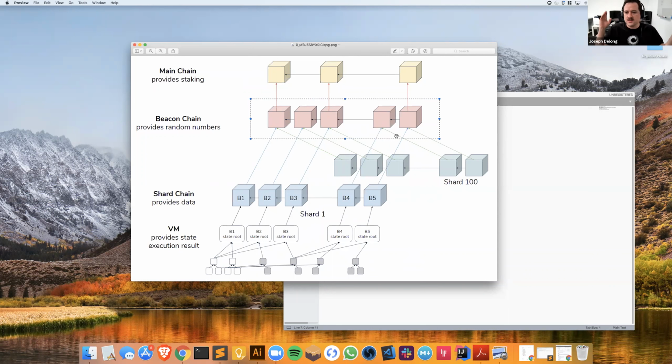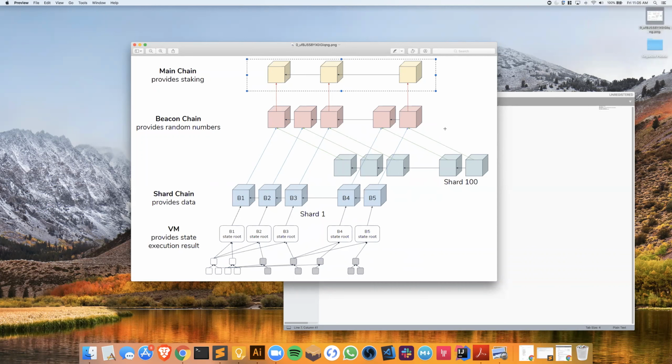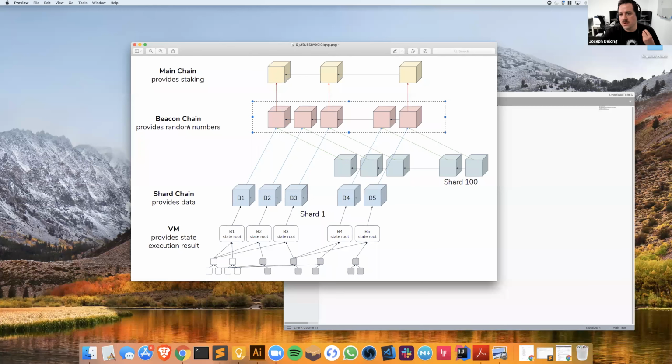Well, how are attesters picked? Attesters are validators who have made deposits, basically locking up Ether in the proof of stake chain. And then the beacon chain provides a random number to those attesters to assign them to committees, and therefore also shards.